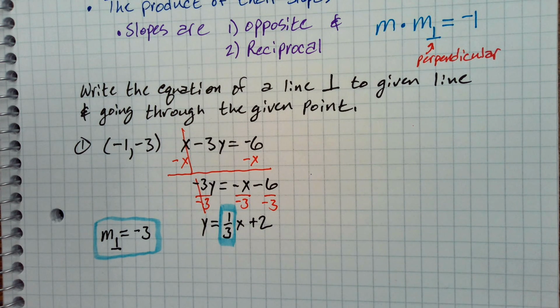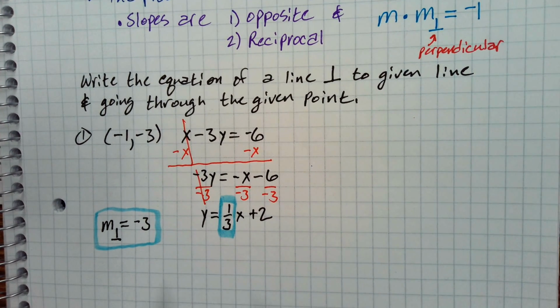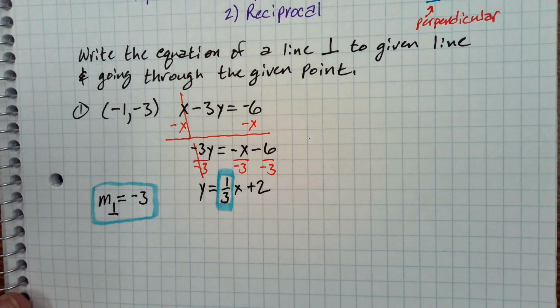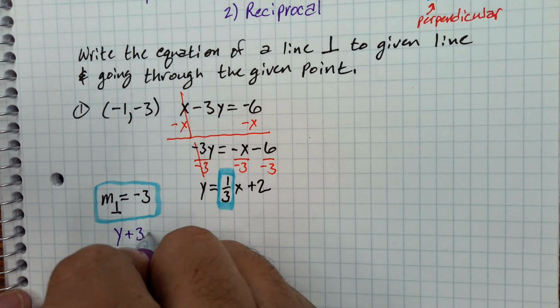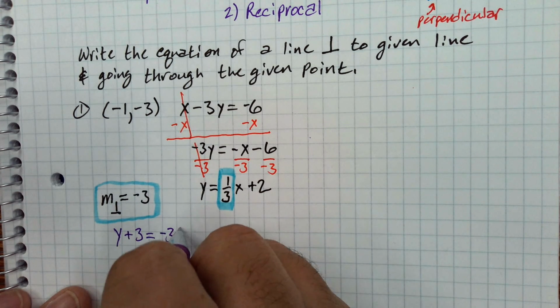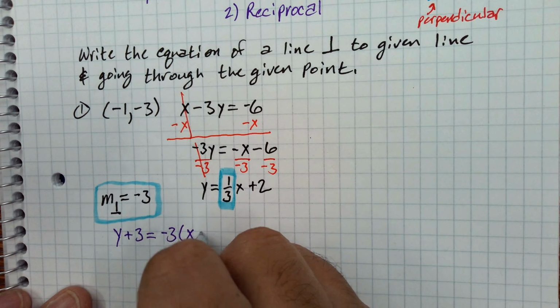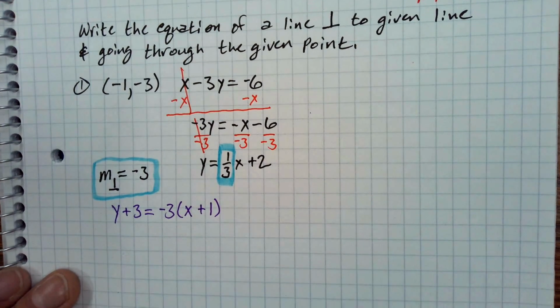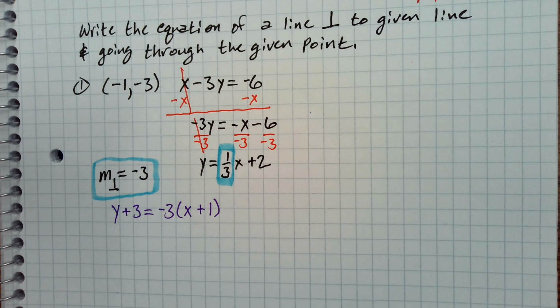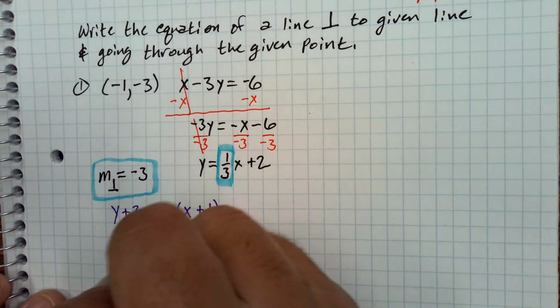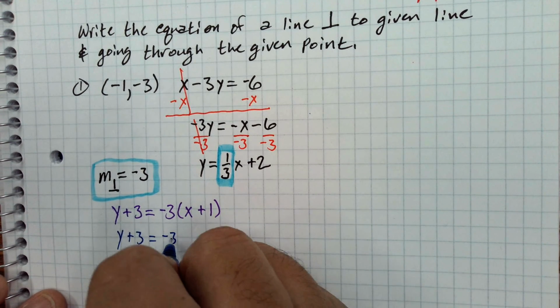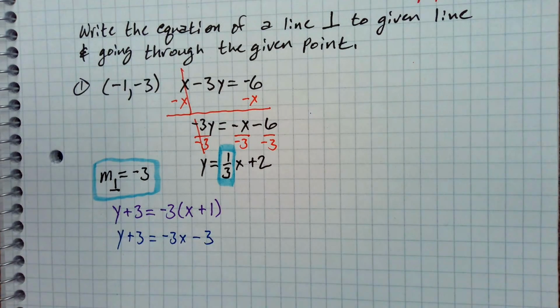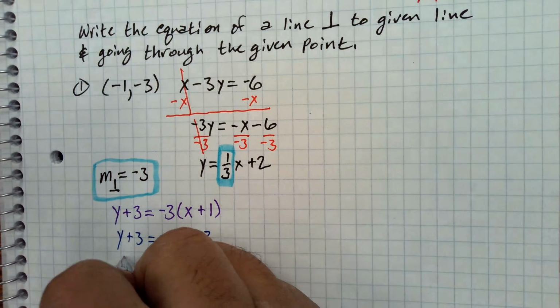Let's put all that into point slope form. So now we're going to write our equation starting in point slope form to get it into slope intercept. y plus 3 equals -3 times (x plus 1). We'll start with it this way and then just solve it till it's in slope intercept. So let's see here. Distribute, so y plus 3 equals negative 3x minus 3. Lots of 3's on this one. Get rid of this 3.